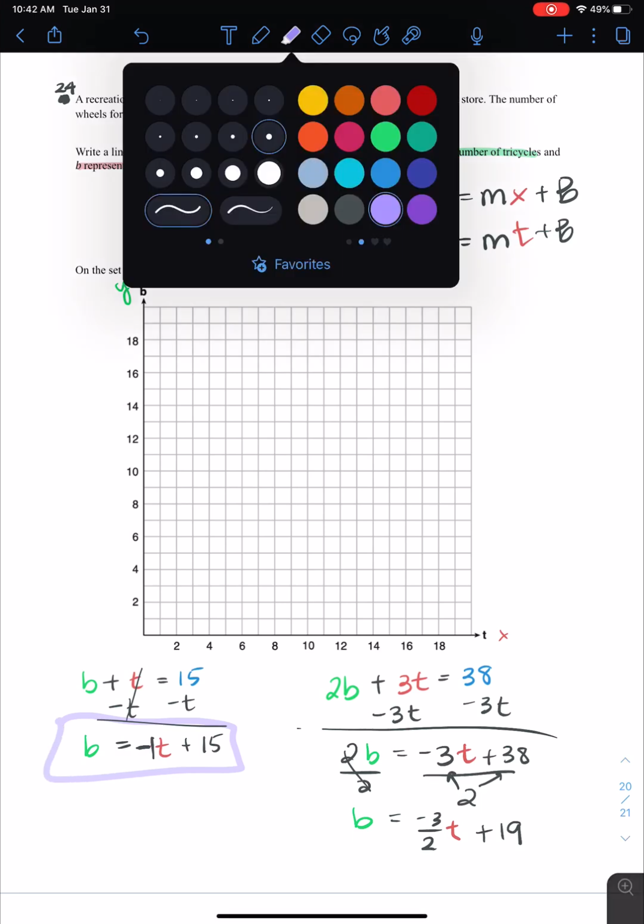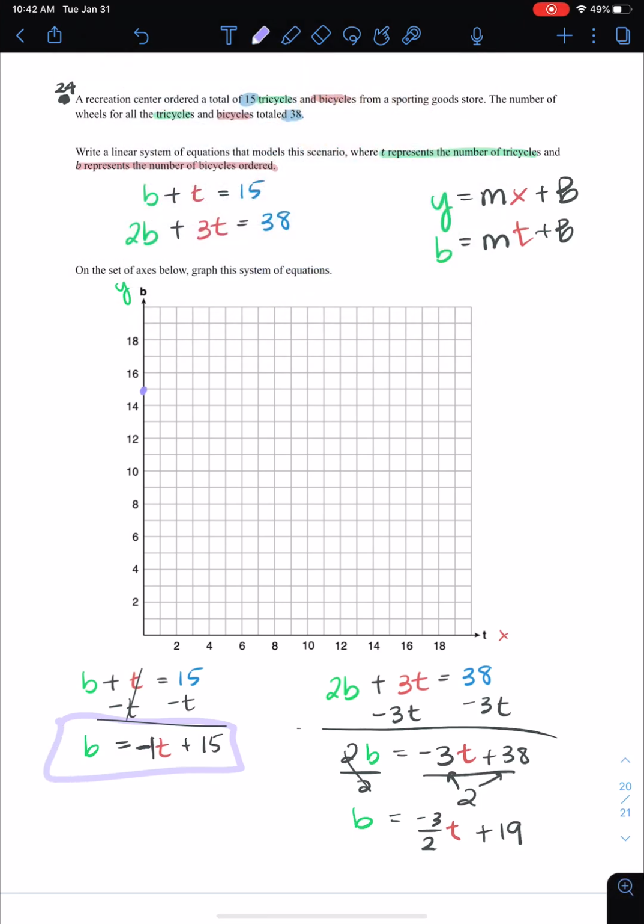All right, so this means that there's a y-intercept of 15, so a b-intercept of 15, and a slope of -1. So left one and down one. And we have our line. Rise over run is -1 over 1.